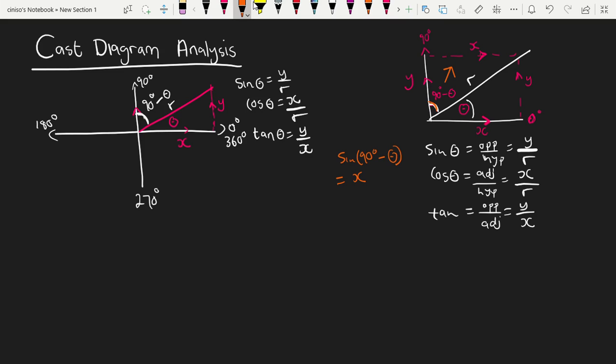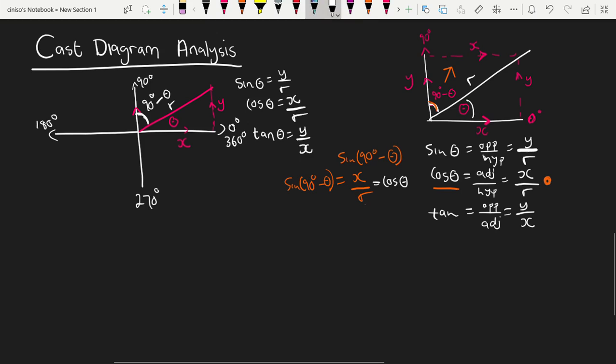So what is the hypotenuse part of this? It's r. So your sine of 90 degrees minus theta will be x over r. But remember here, your x over r is cos of theta. So it means now your final answer here will be equal to cos theta, right?